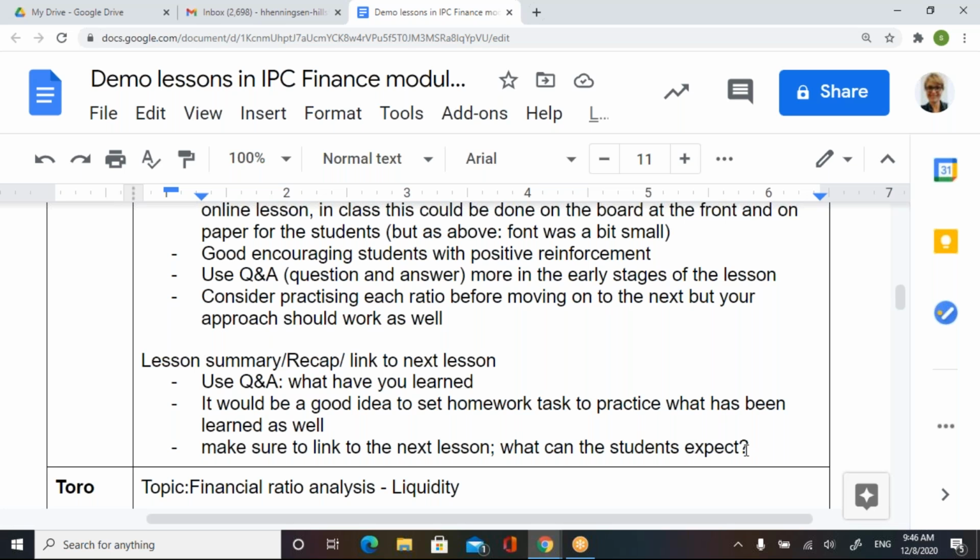Yeah, so you could go back to the beginning where you said, okay, ratios, they are profitability ratios, but they're also liquidity ratios. We know the profitability ratios now. In the next lessons, we're going to get to know liquidity and what that's all about. So the students know, okay, I'm going to do my homework task, and this is what I can expect for my next lesson.